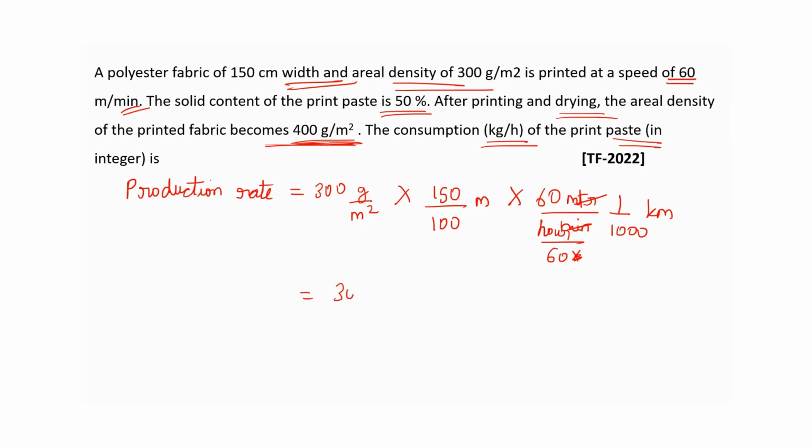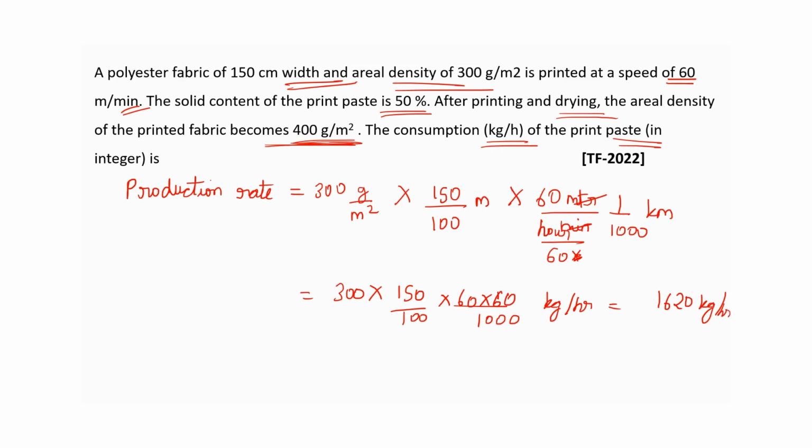So it will come out to be 300 into 150 upon 100 into 60 into 60 upon 1000 kg per hour. If you solve, it will come out to be 1620 kg per hour.